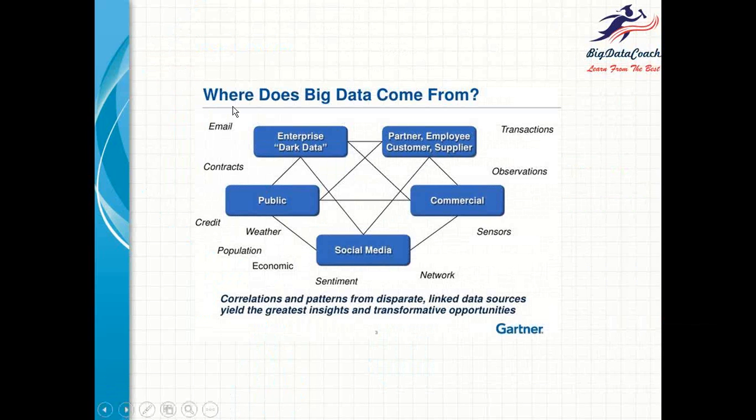So where does big data come from? And this is from Gartner. The whole idea is that enterprise has what is known as dark data. This is a term which Gartner has coined, and termed enterprises have dark data. If you go to a typical company or an enterprise, they will have their RDBMS or a database where all the structured information is stored.